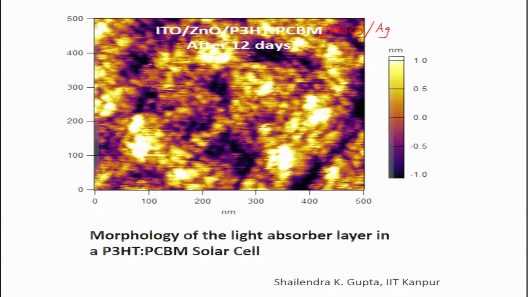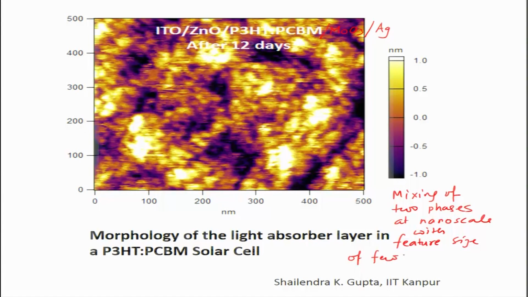So, there is a mixing of two phases at nanoscale with feature size of a few tens of nanometers. In reality this is the kind of microstructure that we obtain. This is for a P3HT PCBM. P3HT is the donor, poly-3-hexyl thiophene, and PCBM is a fullerene which is the acceptor.